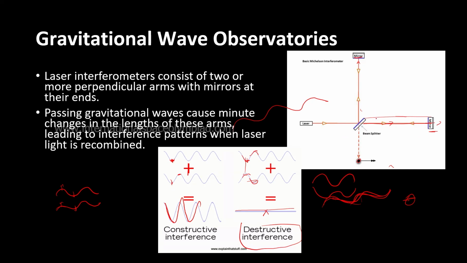It is not a big stretch, it's so tiny, even smaller than the size of a proton. That tiny change will destroy this condition, so that there will be some light, and by detecting that light we are able to detect the gravitational wave. That is how gravitational wave observatories basically work.